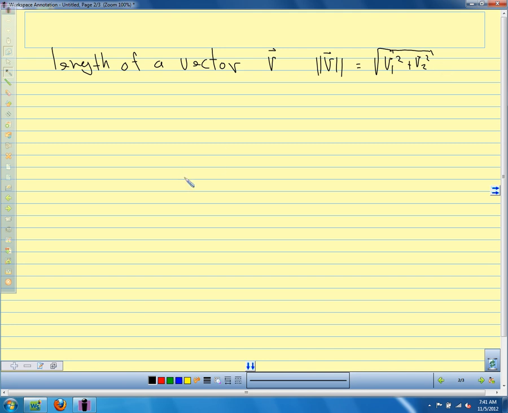Is that also the same as magnitude? The length and the magnitude are the same thing. So we can say length or magnitude.